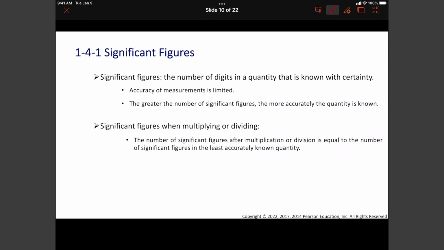The first one is the number of significant figures after multiplication or division is equal to the number of significant figures in the least accurately known quantities.